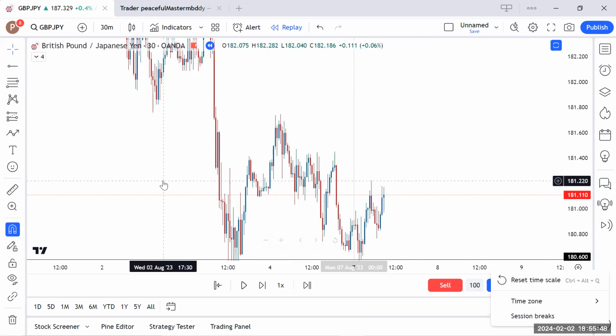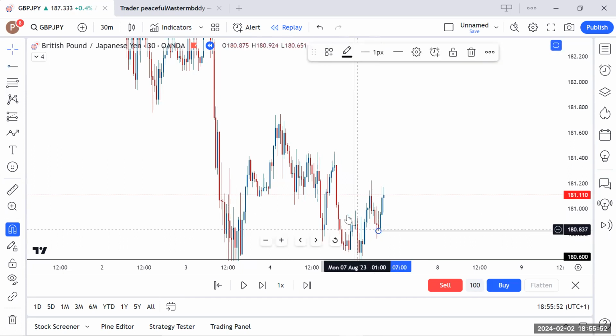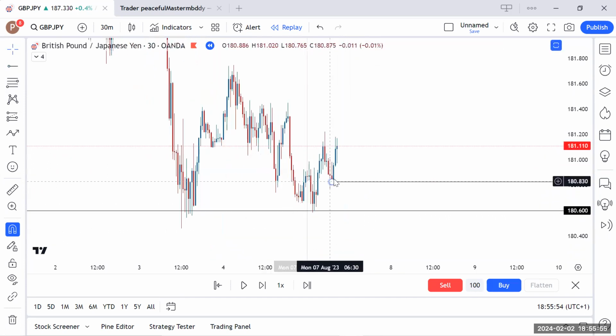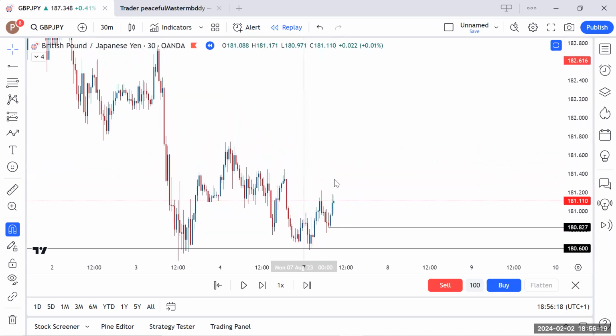So this area can already be marked out as an area where we can set our stops, because it has been created as a support zone. This is a new price level where orders are being taken, where market orders are being executed, right? So if we put our stops below this level, we have a good stop loss for us to decide what risk to reward we are going to set to the upside.